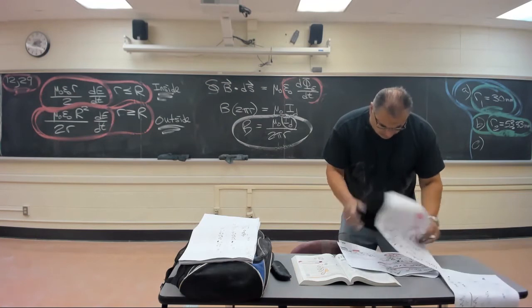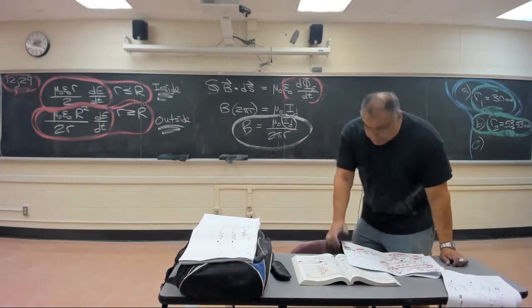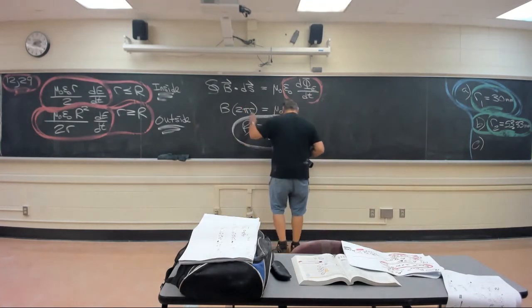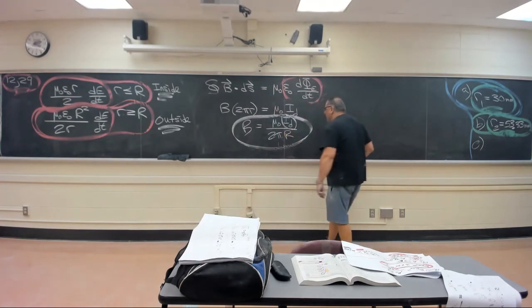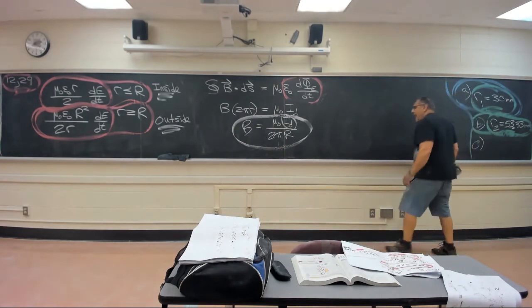Plug in all relevant answers. I think the big R rather, I'm sorry, is what you have to use. At R is here, but then you're talking about the maximum, and that's big R right there. Where did that come from? Well, that's the max.